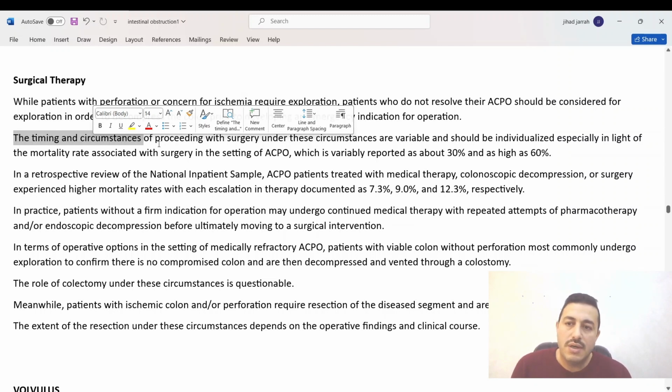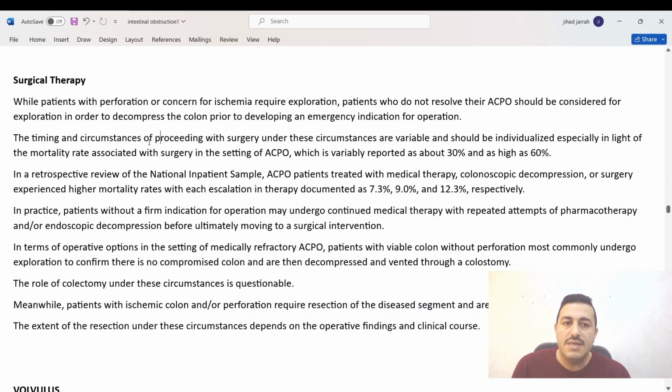When to proceed for surgery, we said after failure of the previous, but it's also individualized according to each circumstance. The timing of when to proceed is individualized, especially in the light of the mortality. The mortality rate is higher as we go up in the intervention, so it's less when we use medical, a little bit higher when we use neostigmine pharmacological, higher with colonic decompression and high in surgery.